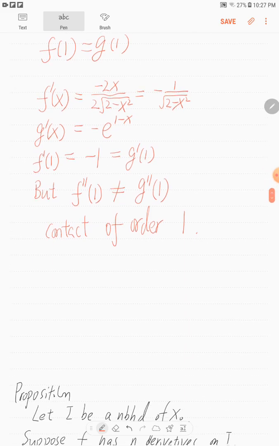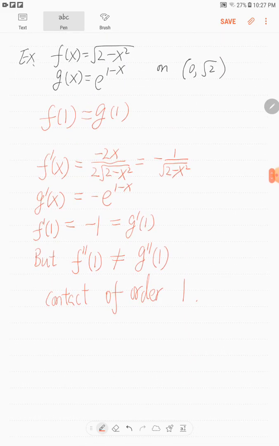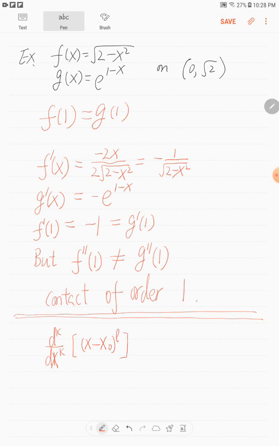So now let's look at some formulas for the calculation of the kth derivative. So here is the formula. The kth derivative of x minus x naught to the L's power, where L and k are non-negative integers, is equal to two cases.